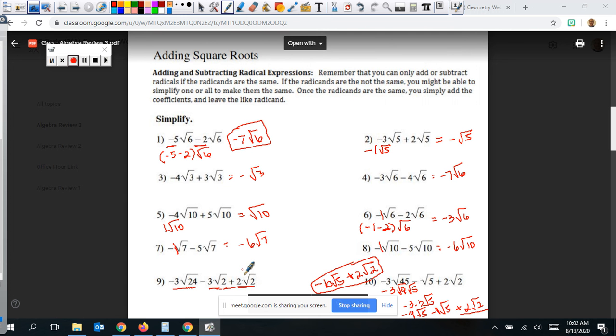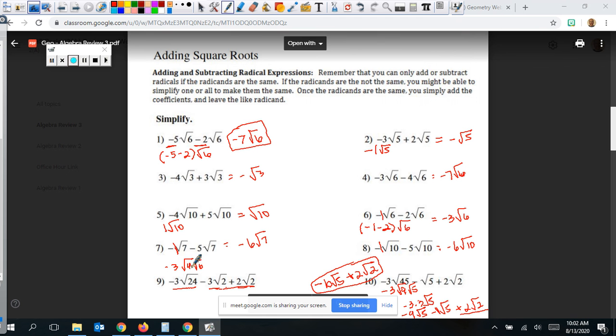So when we do that, we can do them separately if we want to. When I simplify this one, square root of 24, I'm just going to put it right above here. 4 goes into this one. 4 times 6. So that's going to be square root of 4 and then a square root of 6. That becomes 2. And so we're going to basically see a negative 3, still in front of this.